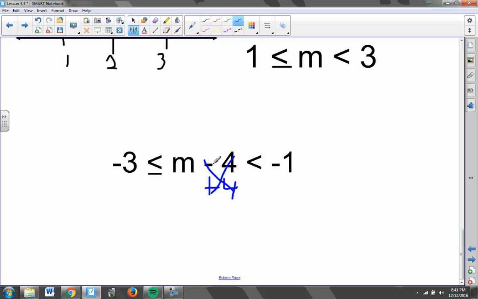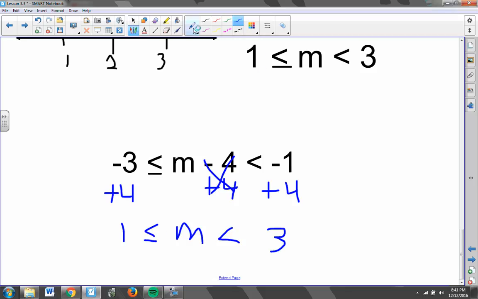Now if I add 4 here, now that I'm doing this all together, I have to add 4 here, and I have to add 4 over here. I have to do it to all 3 pieces, because there's 3 pieces here. Negative 3 plus 4 is 1. Negative 1 plus 4 is 3. And in the middle, I just have an m. 1 is less than or equal to m, less than 3.